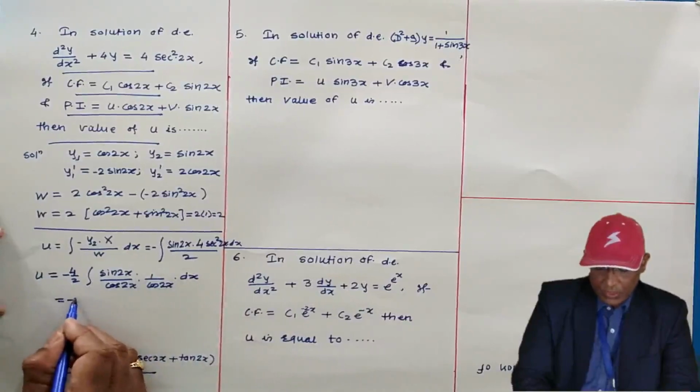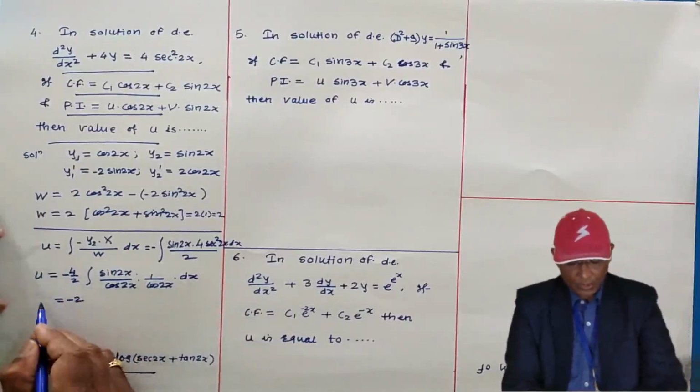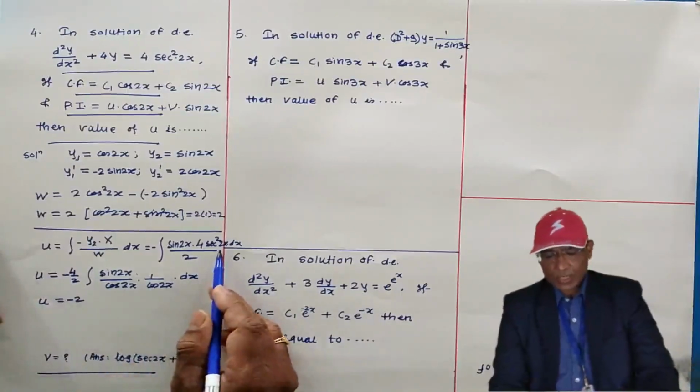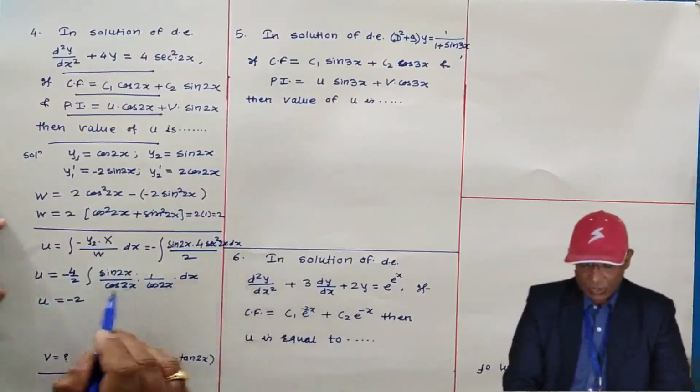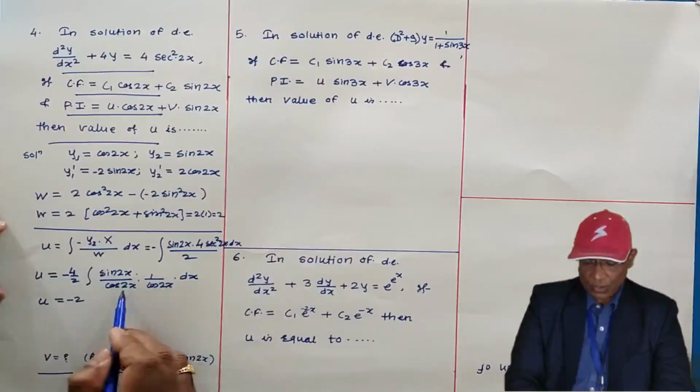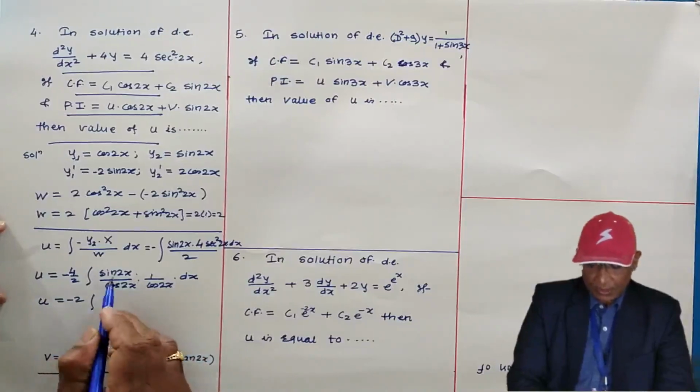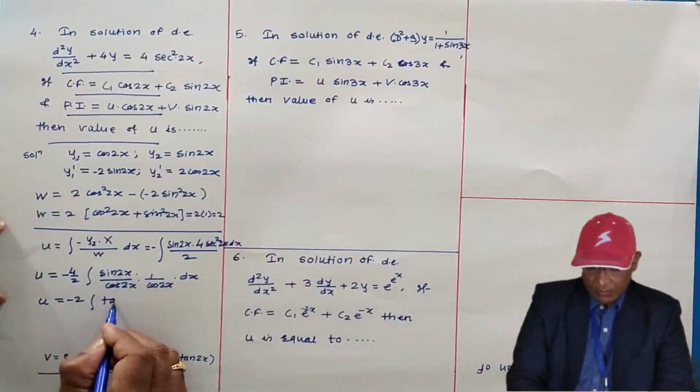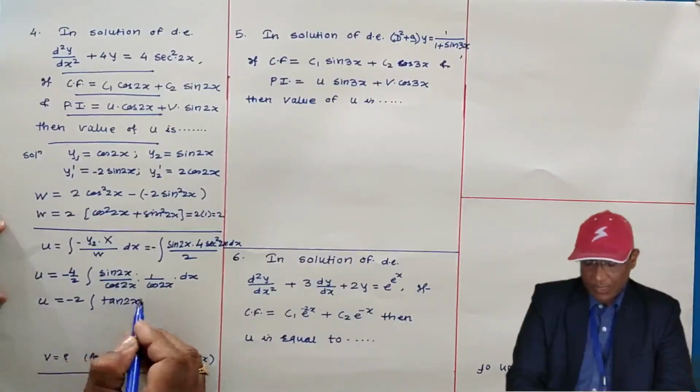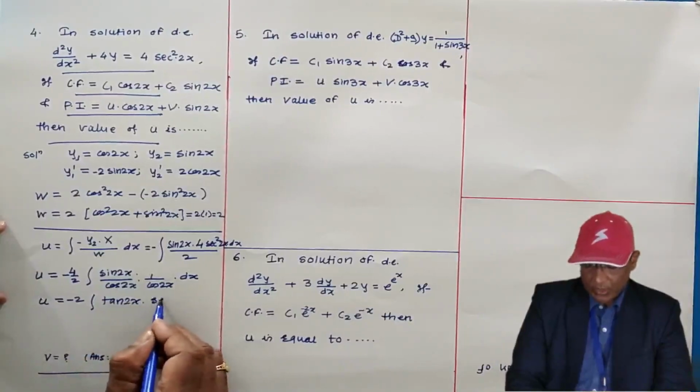Sec square is minus 4 by 2, which is minus 2. Sec square is 1 by cos square, and this cos square I have written as cos into cos. Integral of sin by cos is tan, and 1 by cos is sec 2x.